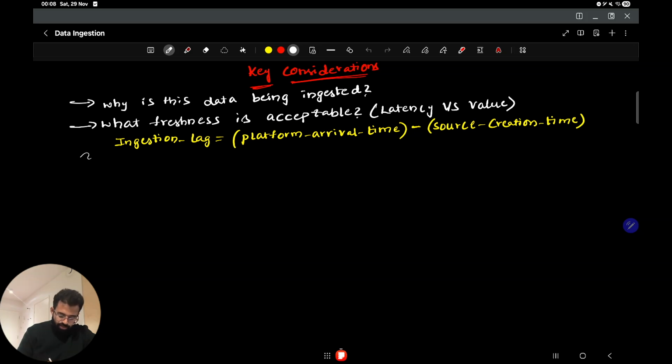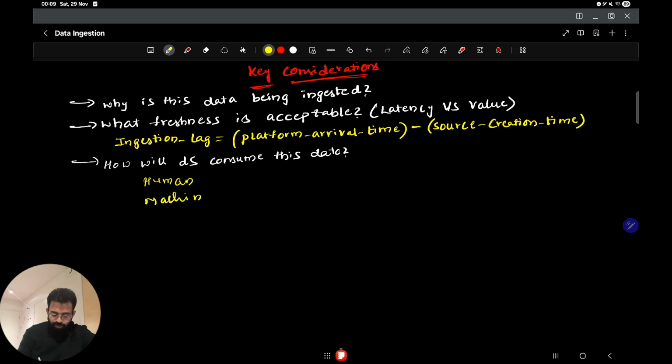The third consideration that we need to talk about is, how will downstream systems consume this data? And who are the downstream systems, whether it is a human or a machine.